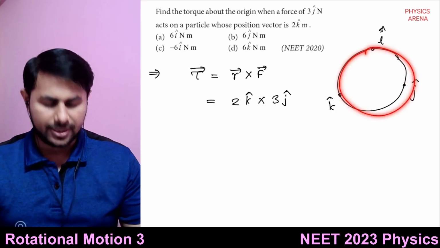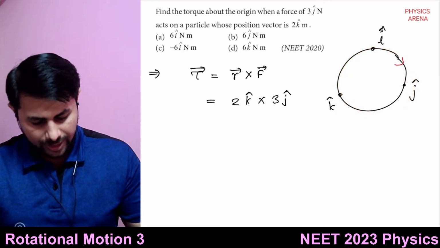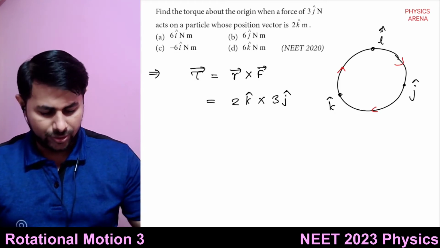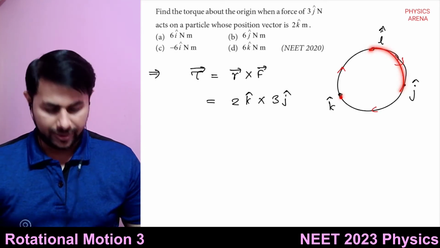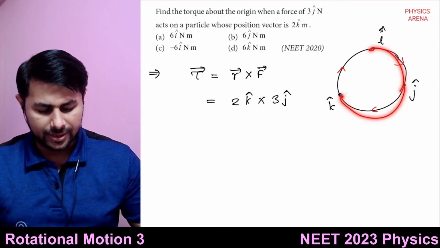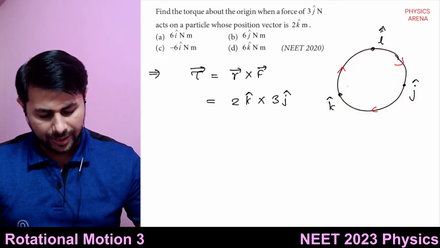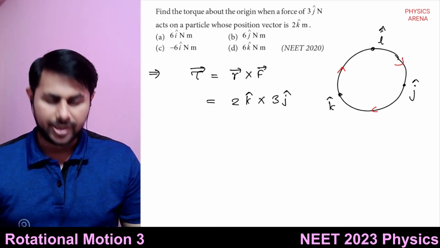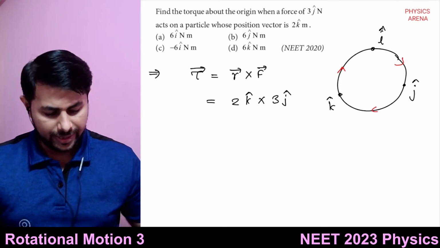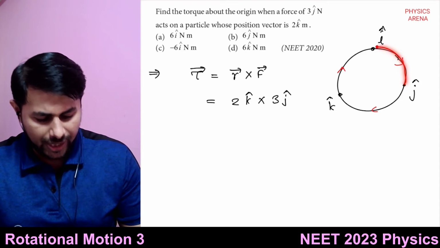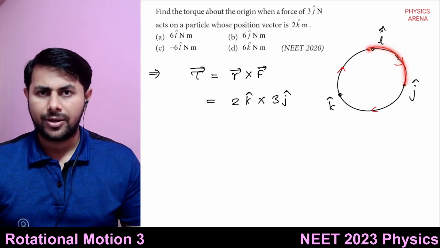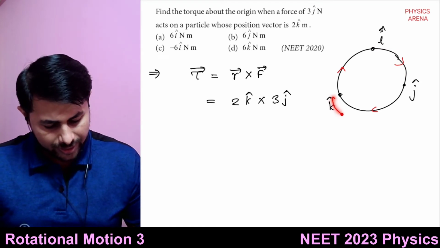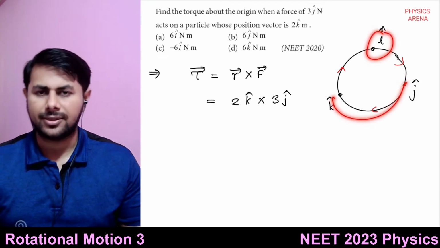If we go in cyclic order, that means from i to j, j to k, and k to i, then i cross j is equal to k, j cross k is equal to i, and k cross i is equal to j. But if we go in the opposite direction, if I take j cross i, then it will be equal to minus k. If I take k cross j, it is minus i.